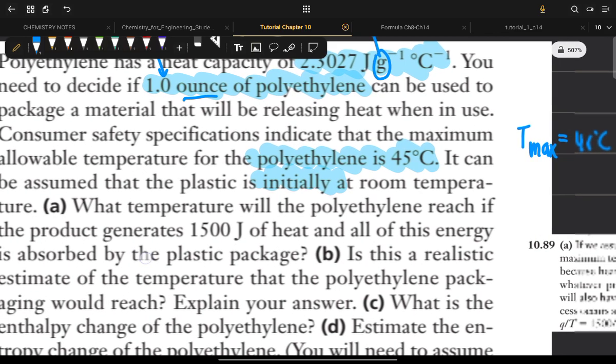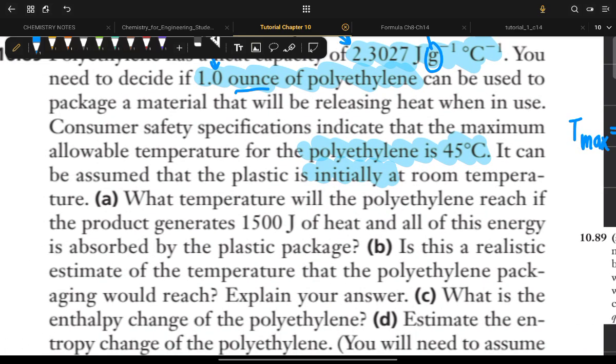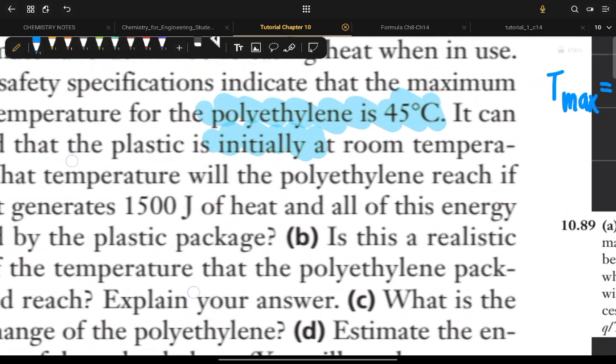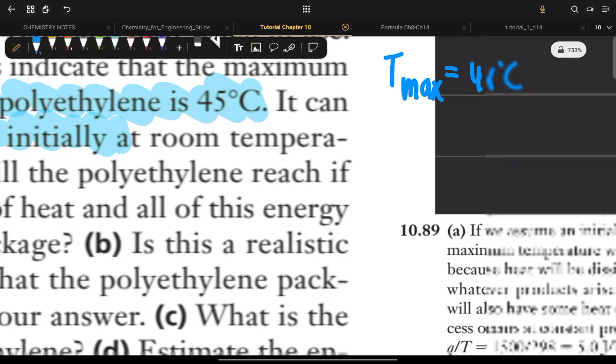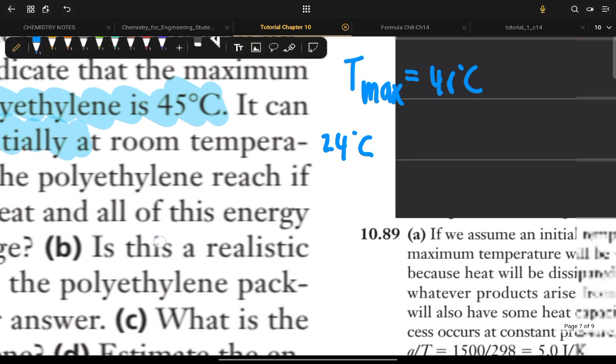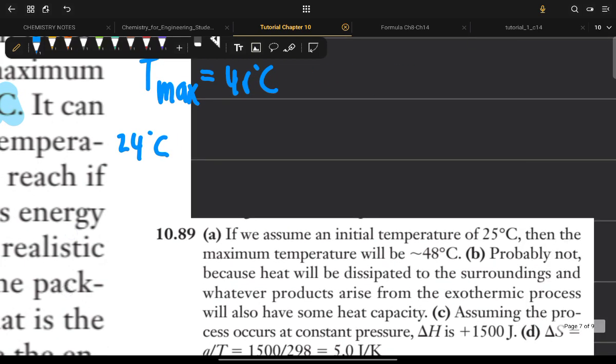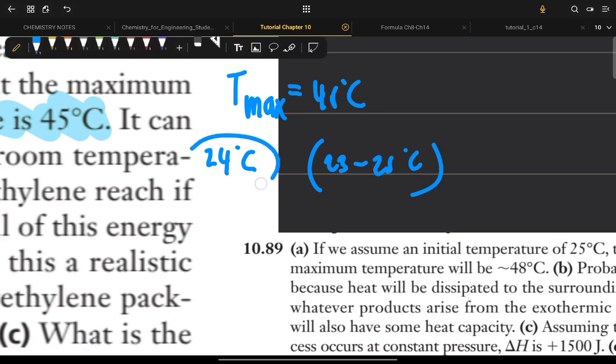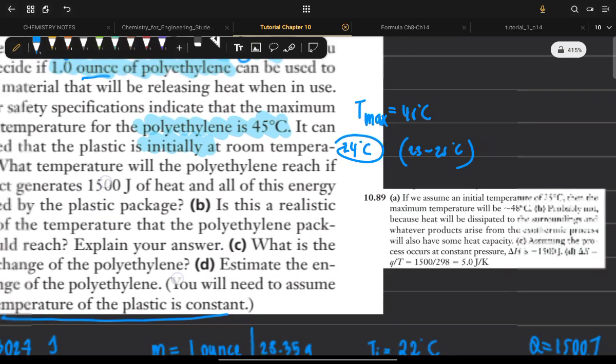Then they assume the plastic is initially at room temperature, which I assume here is 24 degrees Celsius. The room temperature we discussed just now is 23 to 25 degrees Celsius, so I just take the middle one, 24.